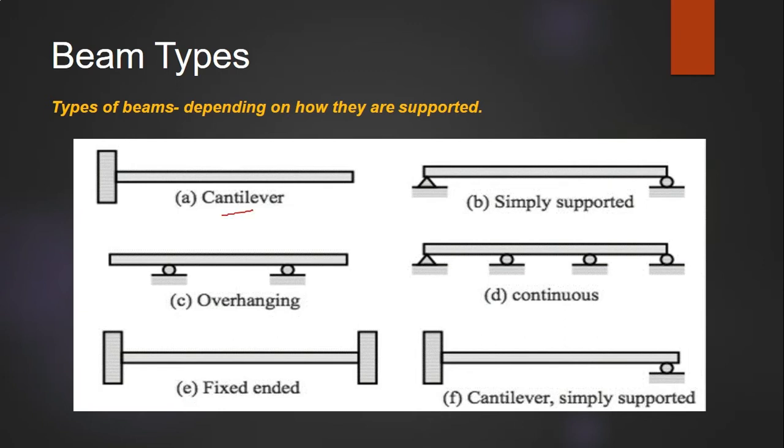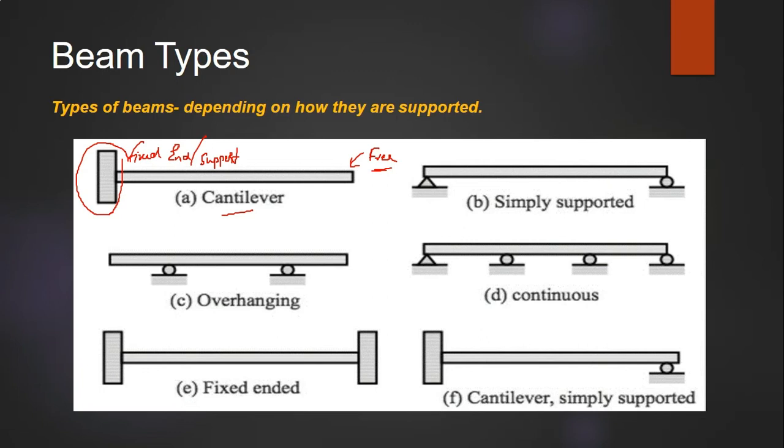A cantilever is a beam with a fixed end or support only at one section and free at the other section. So if a beam is held only at one end firmly and the other end is free, it is called a cantilever.